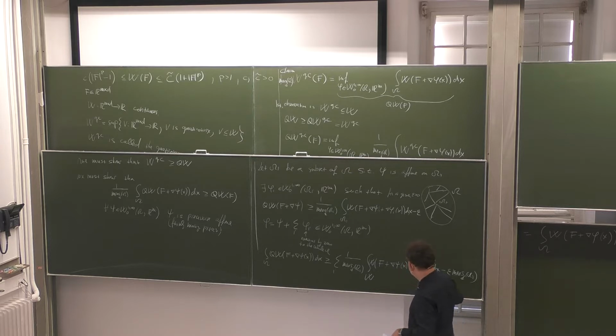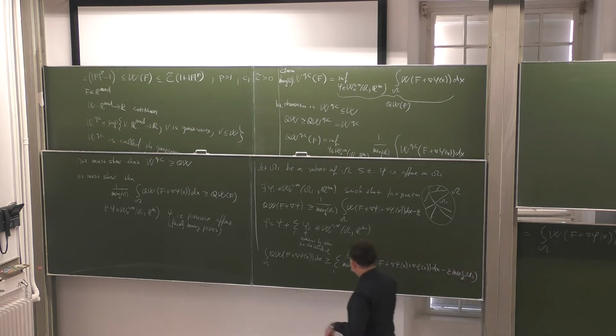It becomes the sum over I here, because this is piecewise affine on every piece, so psi is piecewise affine, so this gradient is constant on each omega I. So this is like a fixed matrix, and this one is moving.